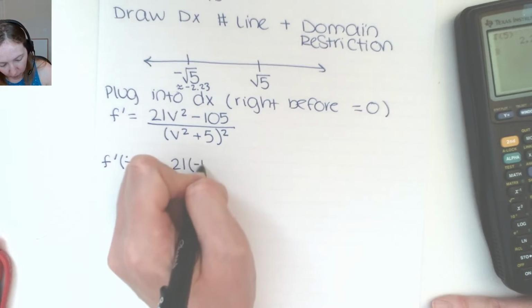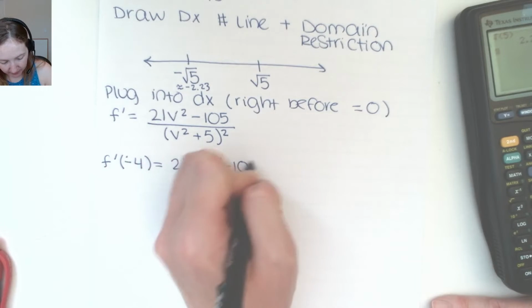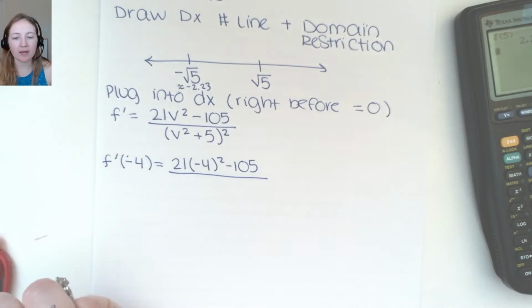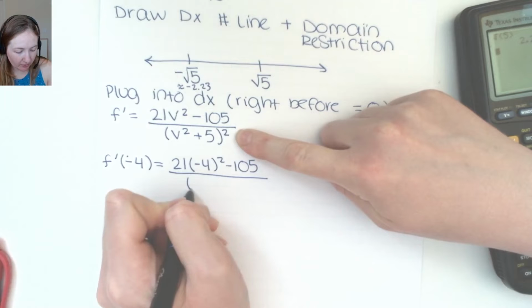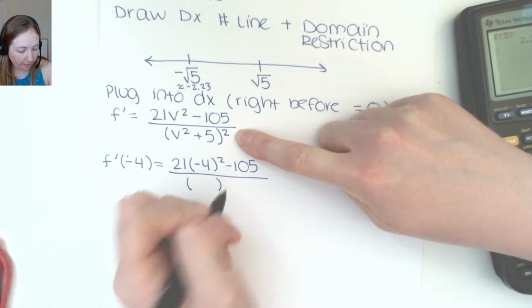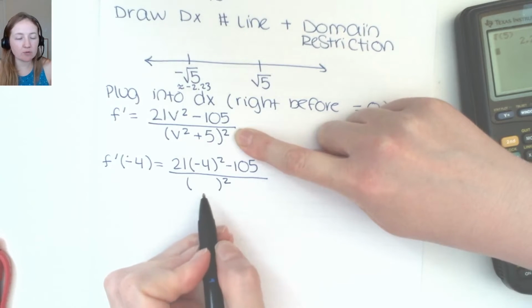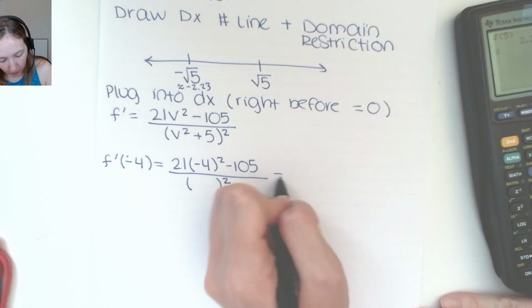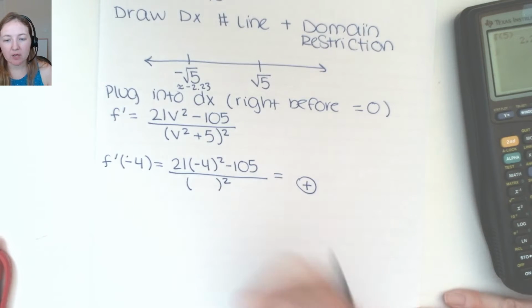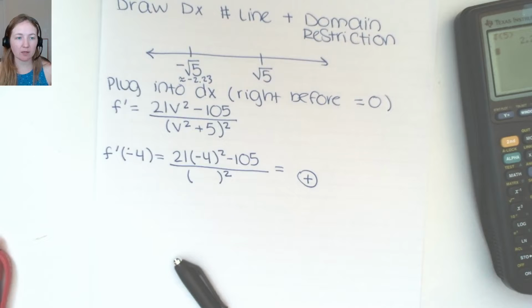And one thing that I want to really point out is by now we're all kind of done with plugging in numbers. In this denominator, you have your v squared, and anytime you have something squared, that is always going to be positive. So with the quotient rule especially, because of that v squared, usually that denominator is positive and you don't need to sit there and plug in the negative 4. So keep that in mind.